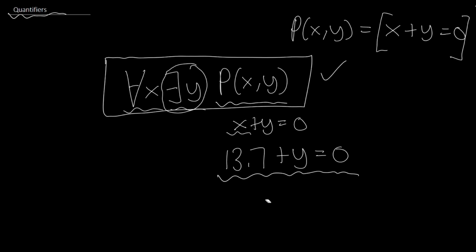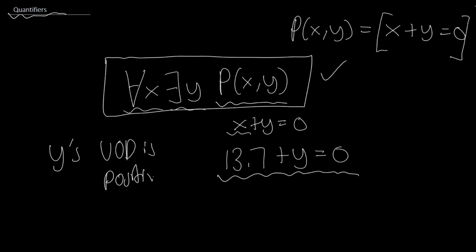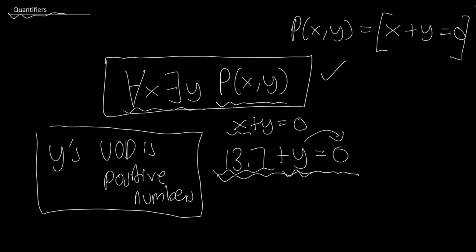But of course, again, you have to remember that this depends on the universe of discourse. If y's universe of discourse is the positive numbers, then it won't be true, because you can't add a positive number with a positive number to get 0. So in this warehouse of positive numbers, there won't exist a value which makes the statement true.